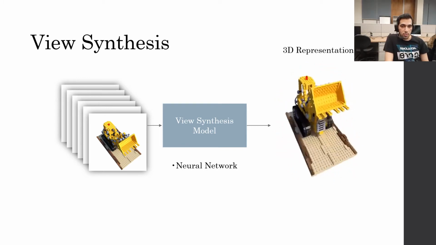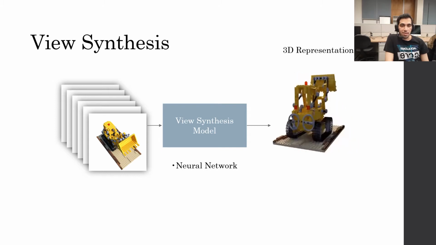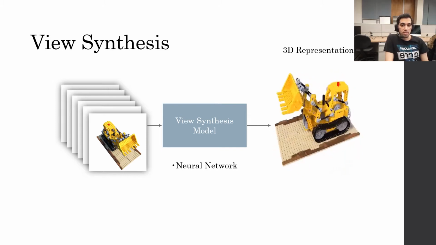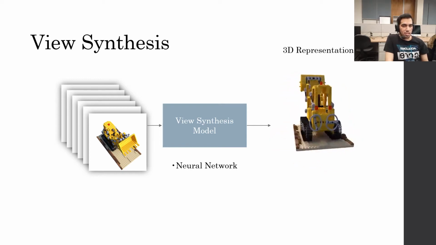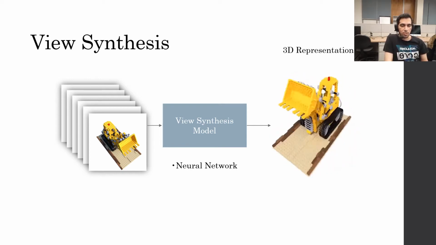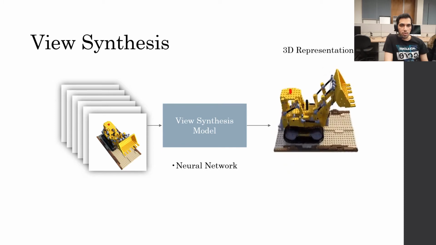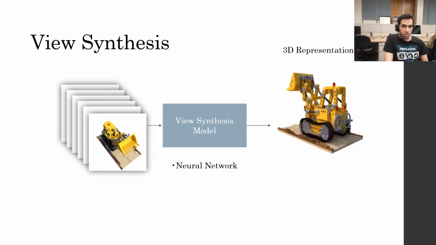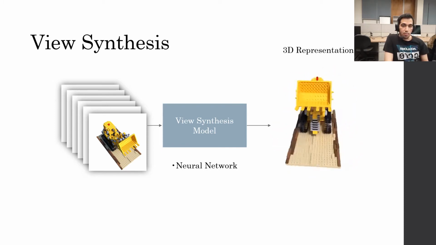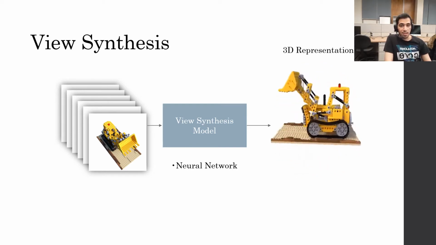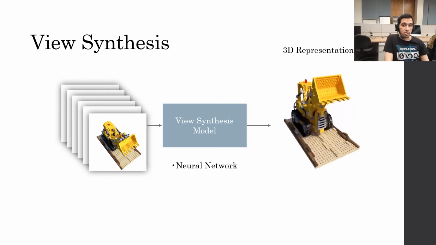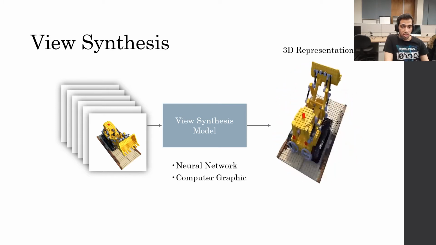By using that deep neural network, we are able to generate a 3D representation of that object. The good side is that we can generate a 3D representation pretty fast from a bunch of images. But one of the downsides is that we need a lot of data, and it might not be very accurate compared to the other method that we're going to talk about.